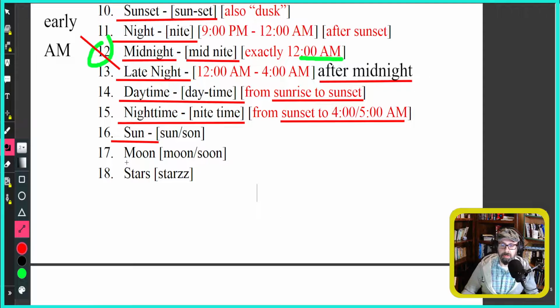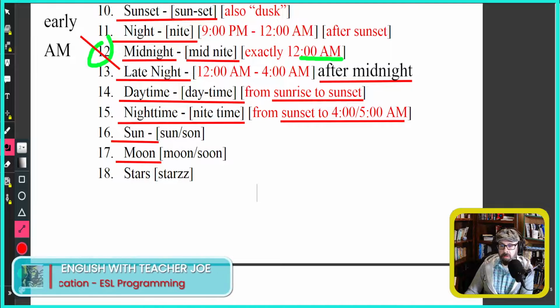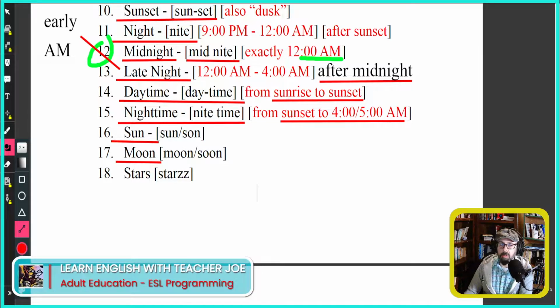17, moon. Okay, number 17, moon. Now we notice that we have the word moon and that this is similar to a word we saw earlier.